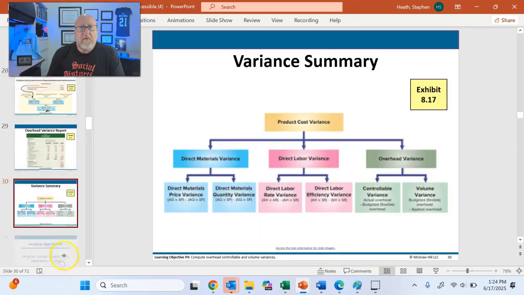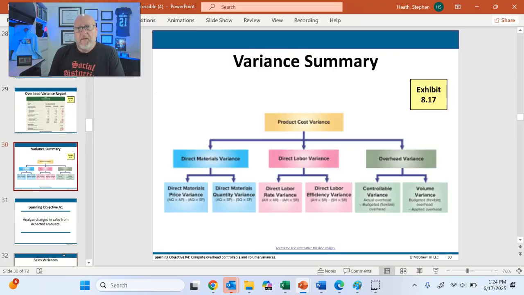And that is overhead. And this is a good summary. Our direct material variances could be the price of the material and the quantity of the material. Labor could be the price of our labor versus the quantity of labor. And then this is what we just went over, controllable variance and volume variance.